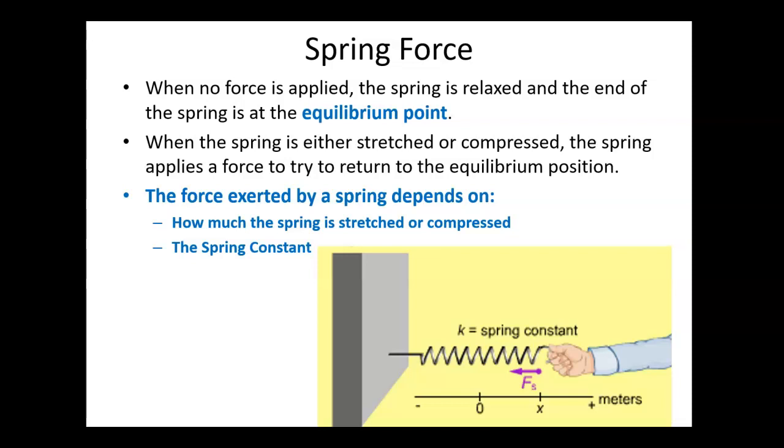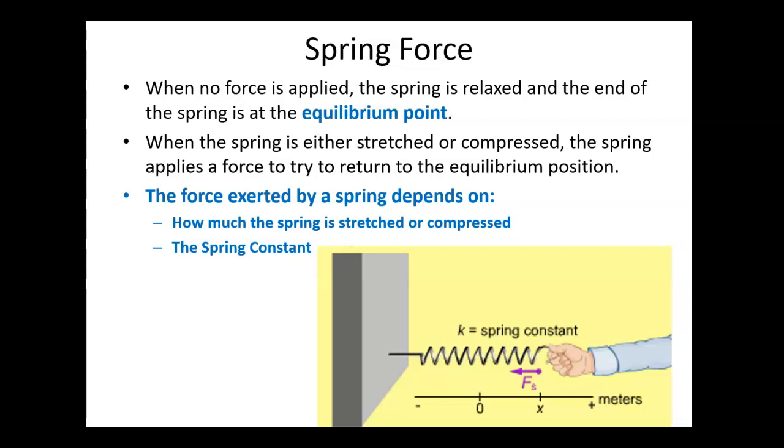For example, in this picture on this slide, the man's hand is pulling the spring away from the wall. And so you can see where the zero is. That's where the spring would have been at equilibrium. But the end of the spring is now moved to the right by a distance x. And so it has been stretched.